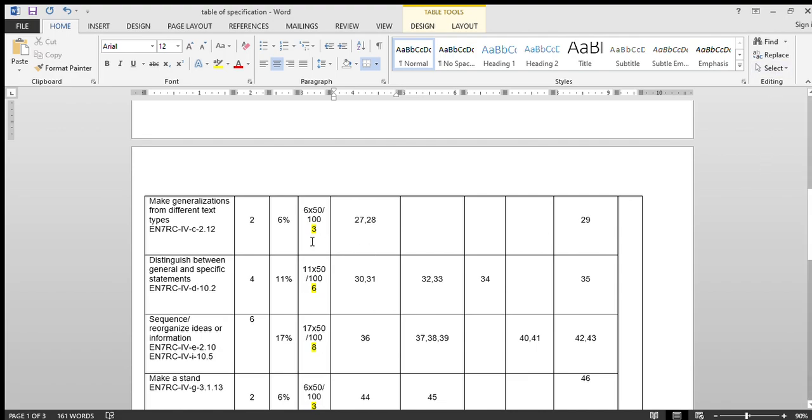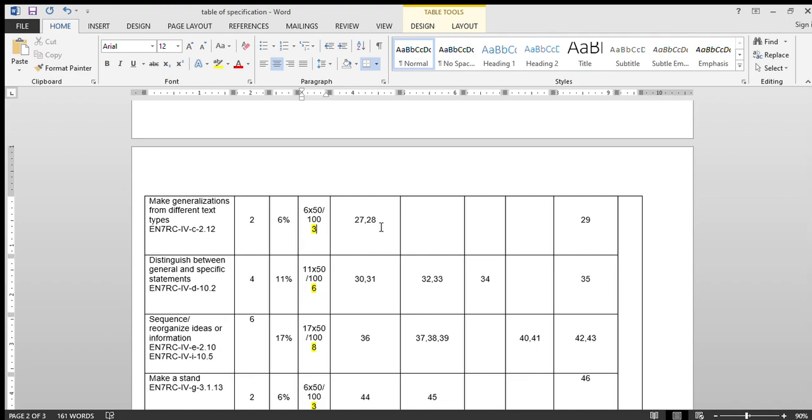Okay, next competency. We have here three number of items. So we need to distribute three test items in this competency. As I said earlier, it's up to you where you are going to place the test items. It's up to you if you're going to put all the three items on one column or one Bloom's taxonomy level.